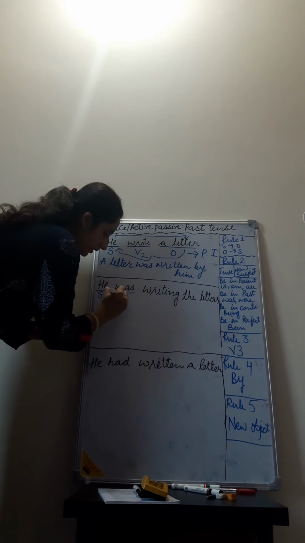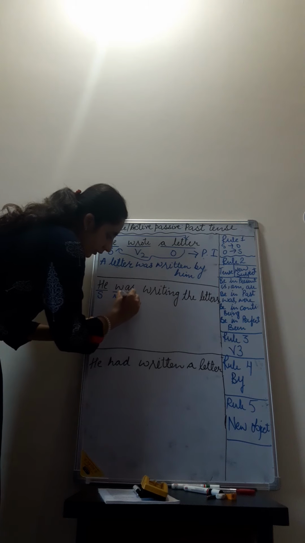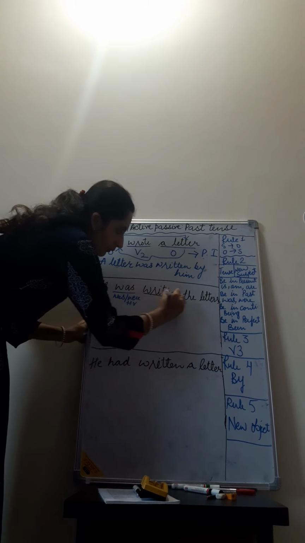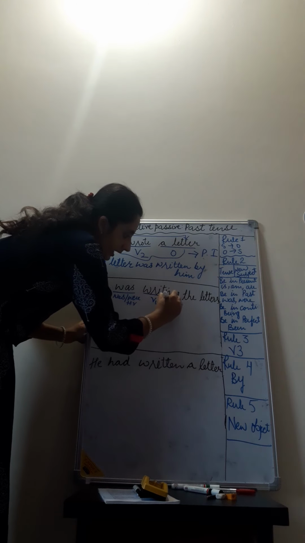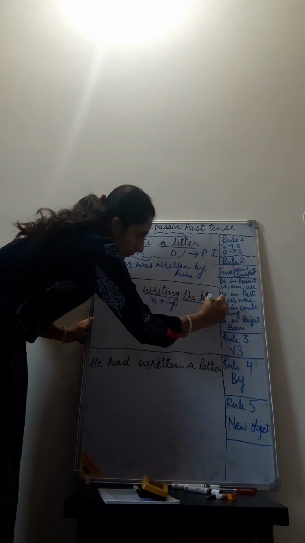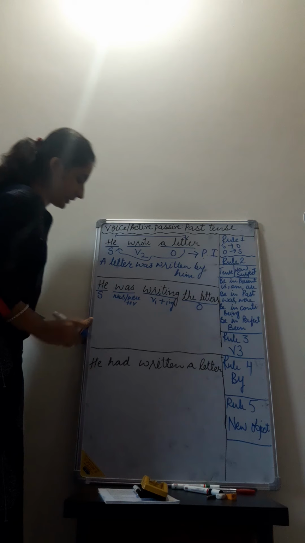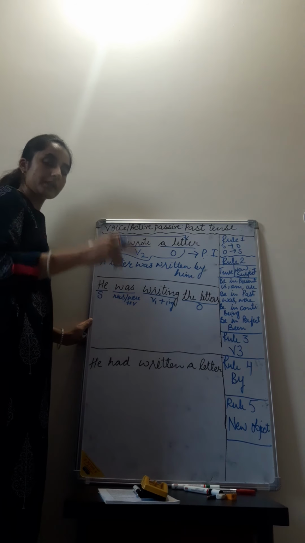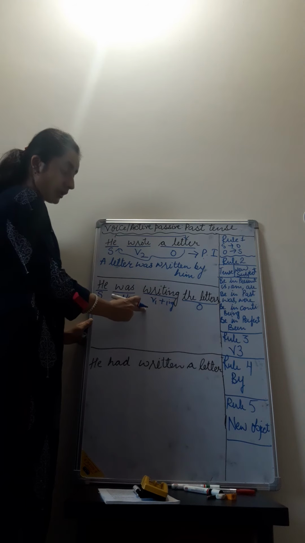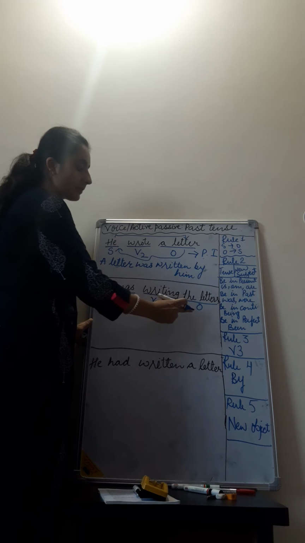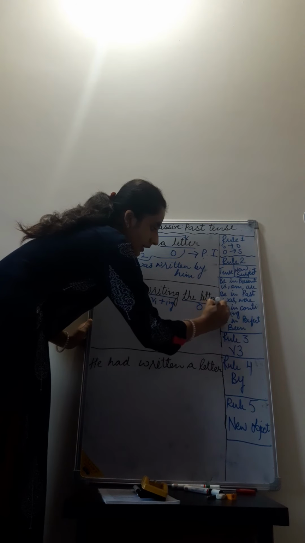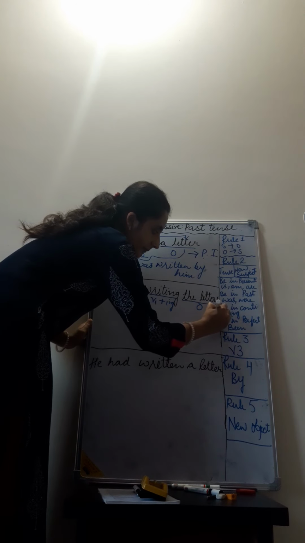Subject plus was or were, which are the helping verbs, then verb's first form plus ing plus object, the letters. So which tense is this? Subject plus was or were plus verb's first form plus ing plus object. This is the past continuous tense.